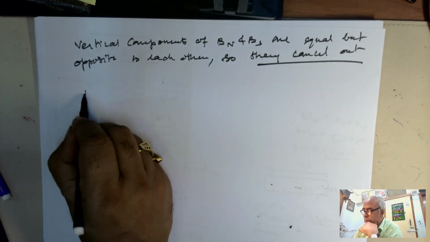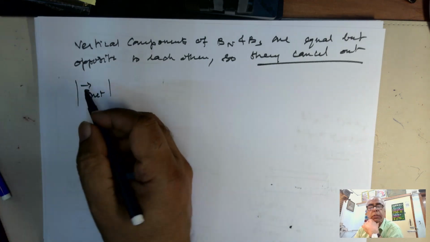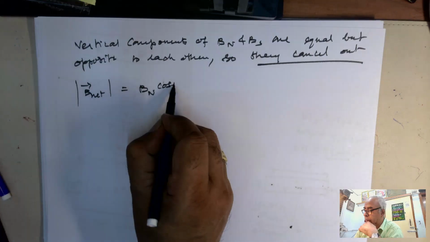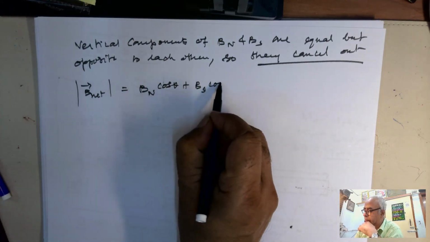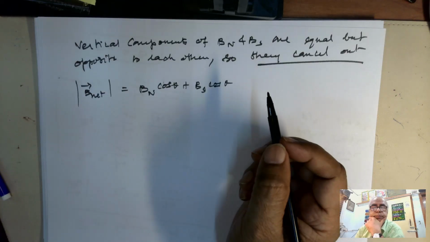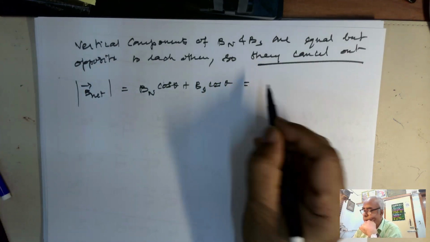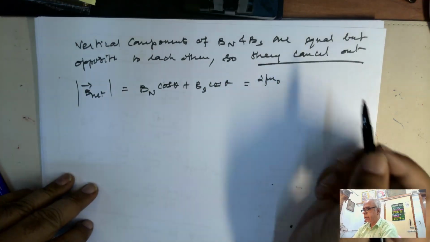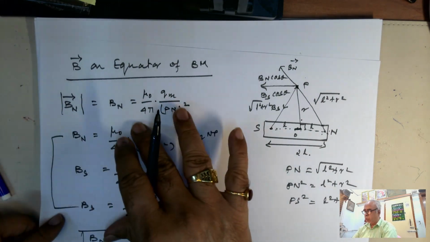So it means B vector net, let us consider the modulus, is equal to Bn cos theta plus Bs cos theta, that is equal to 2 mu naught, because this one is mu naught, this is also mu naught, same quantity.